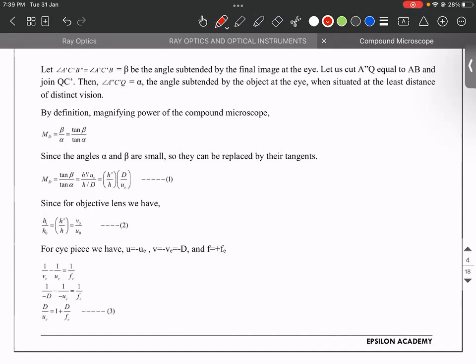Not lesser than 25. 25 like the image is formed actually. It is adjusted in such least distance means if we keep it before the distance, it won't be formed. So not like that. Okay, sir. Yes. Here the diagram is missing.